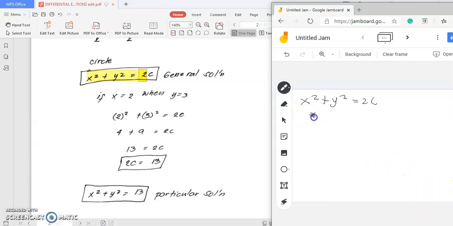So therefore, our x is 2 and y is equal to 3. If you solve problems like that, it goes this way. So from there, just substitute it in the given. You will have, sorry, let me erase this one.